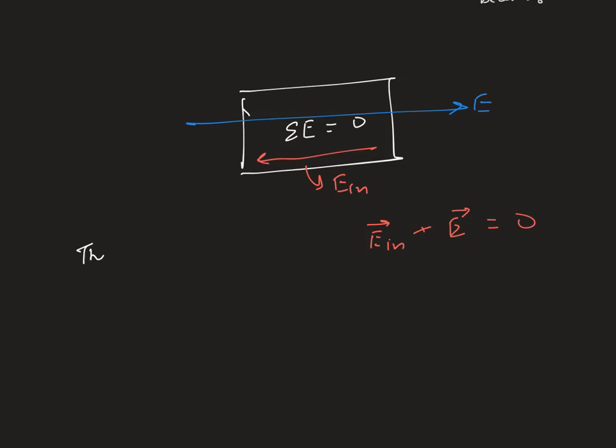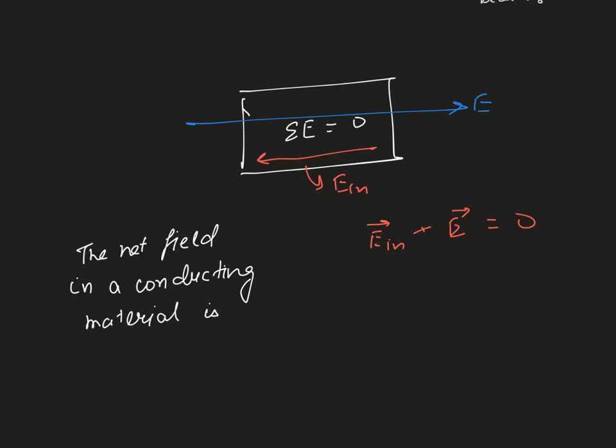The net field in a conducting material is always 0. You can write this if you want.